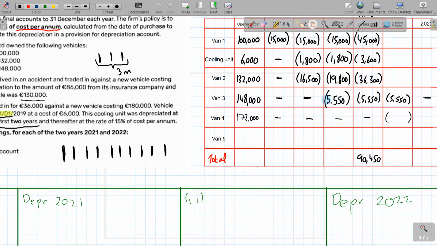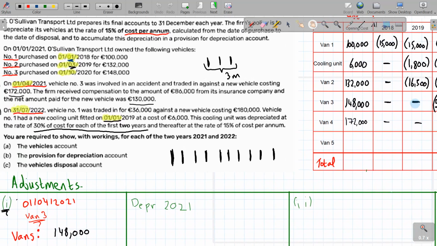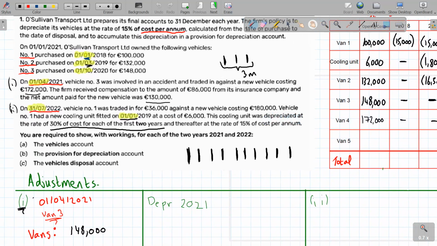So what is the depreciation for van 4? So if you're looking at the very end of 2021, from 01/04 up until the 31st of the 12th, that's all of April, May, June, July, August, so that's 5.